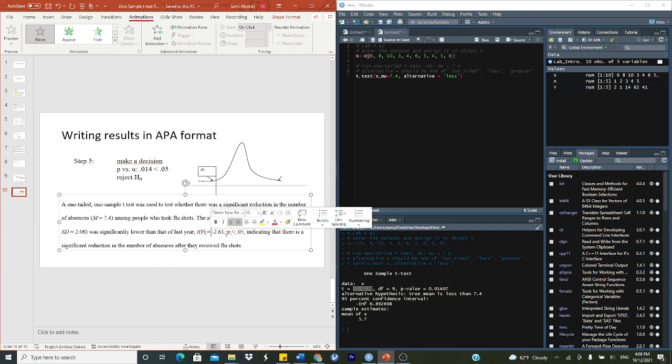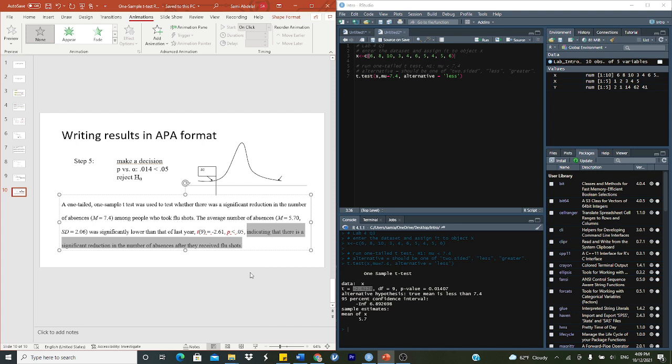This is literally the format that you guys should be using for t-tests going forward when you're asked to put it in APA format. And then we say what this means basically right over here. So it indicated that there was a significant reduction in the number of absences after they received flu shots.